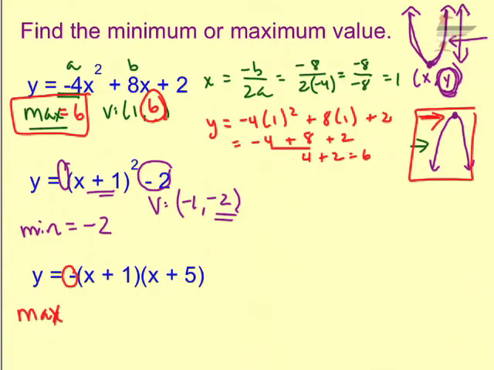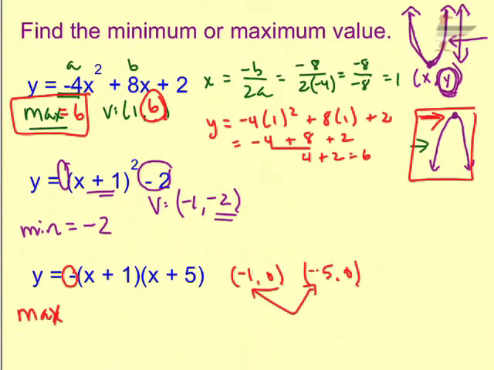It's intercept form. What are our intercepts? Our x-intercepts, we have negative 1, 0, and we have negative 5, 0. If you notice, I just changed the signs of those. Now usually we're looking at a graph when we figure this out, but our axis of symmetry is going to be halfway in between these two values.